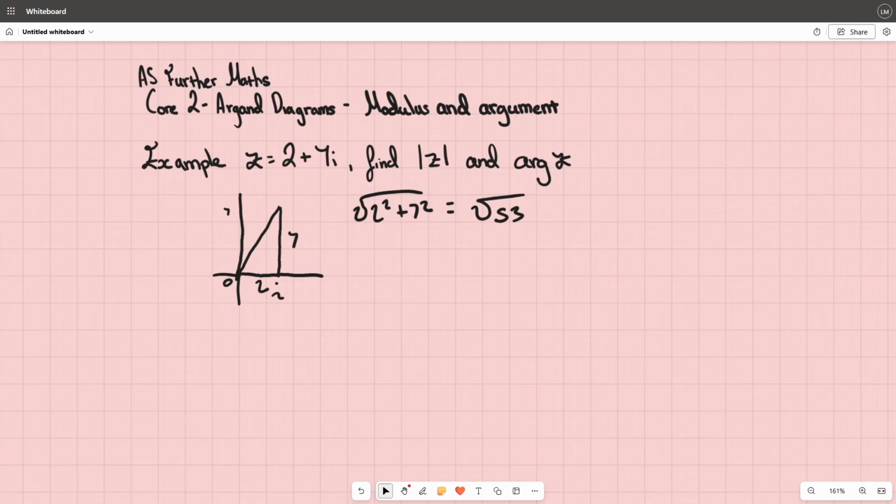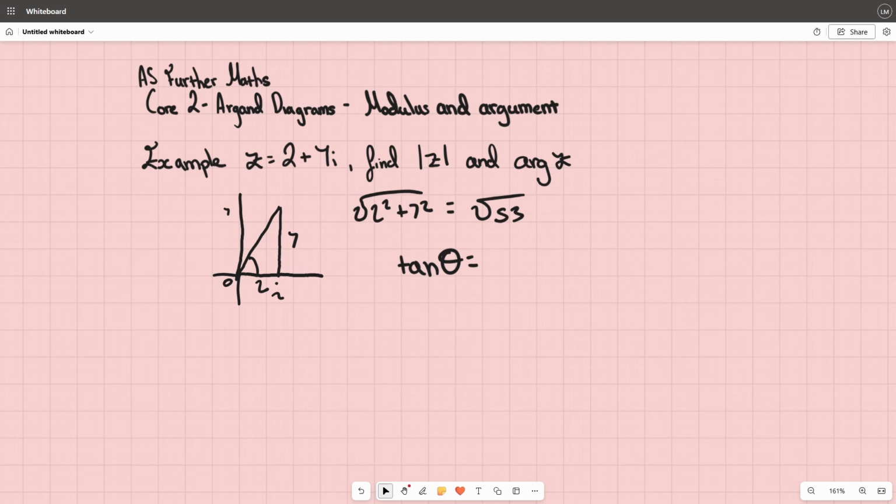And I want to do the argument of z, so that is tan theta. So we're finding the angle here because it's the angle from the positive real axis, so the x-axis on the right side of the diagram. So we want this angle here. So that is tan theta is equal to y over x.